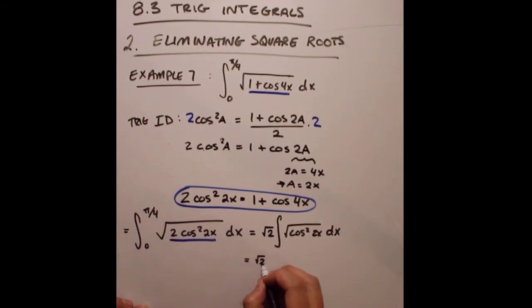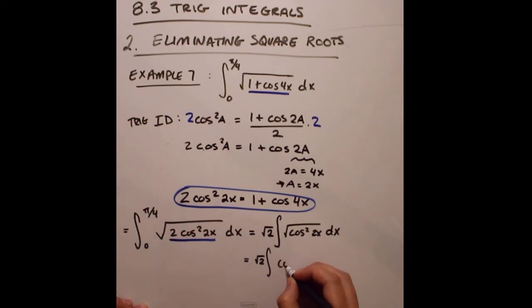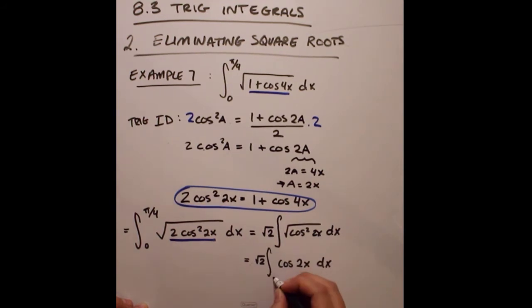Then this is square root 2 times the integral of cosine 2x dx. Let's put those limits back on. Now this is very nice. We square rooted the squared item.